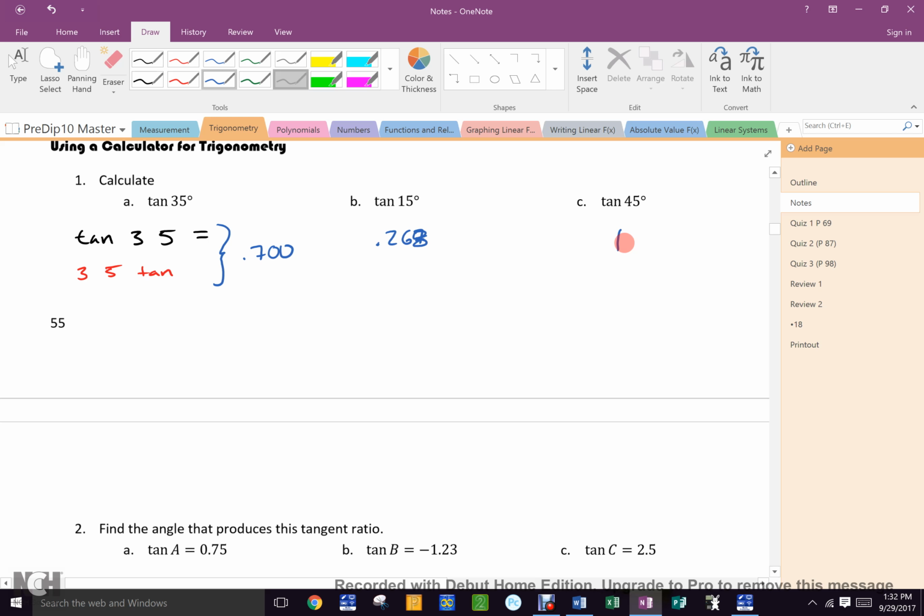Now, all of you will remember, I hope, that the tangent ratio compares the opposite side to the adjacent side. This is a decimal because we get that decimal by taking this number, number 1, and dividing it by number 2.